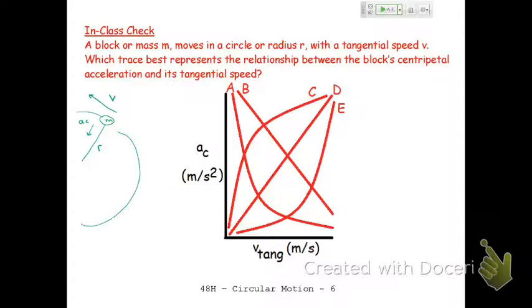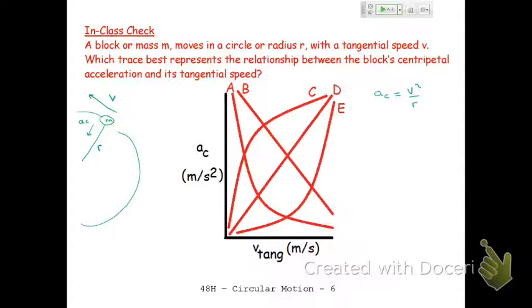What you do with this is you're going to write down the equation. AC is equal to v squared over r. You're going to look at your axes, AC and V.